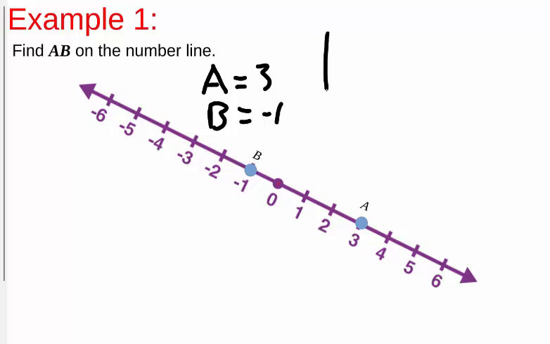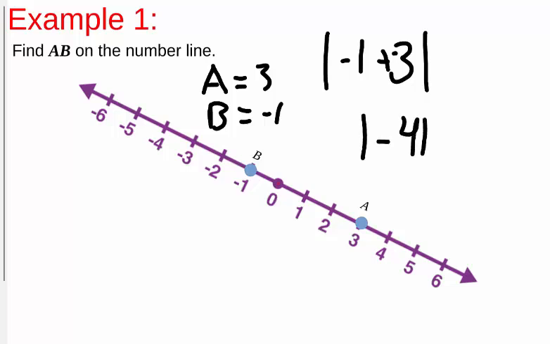So we know it's the absolute value of B, which is -1 minus 3. -1 minus 3, well, that's -1 plus -3, which is the absolute value of -4, which is 4.